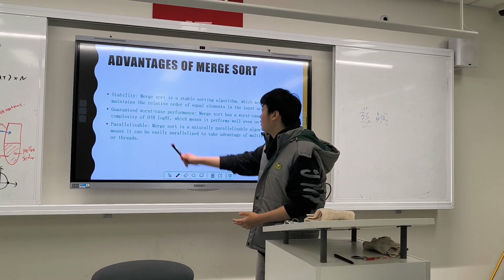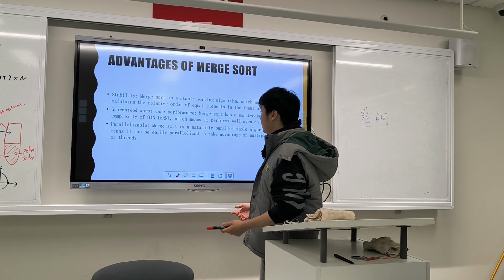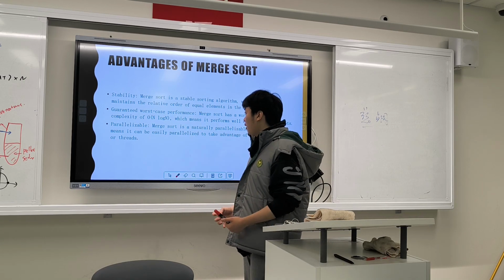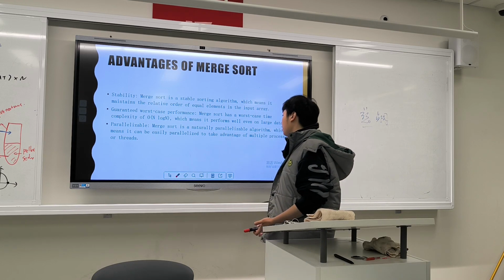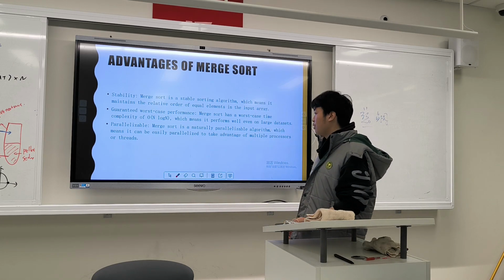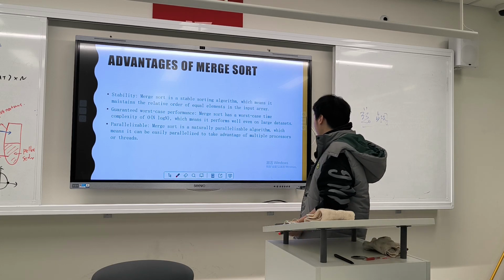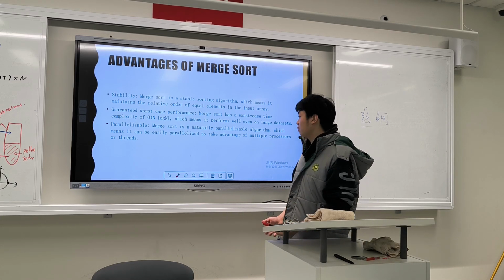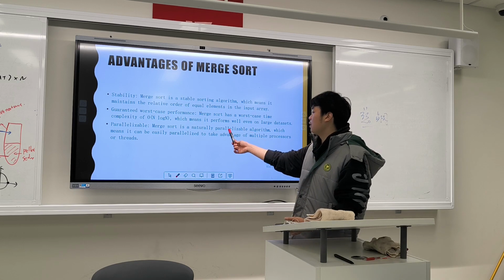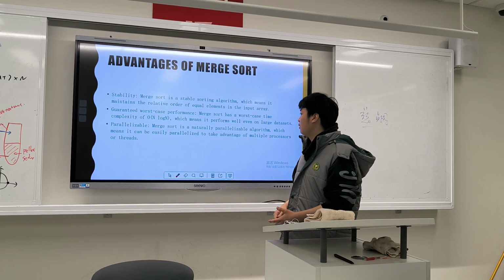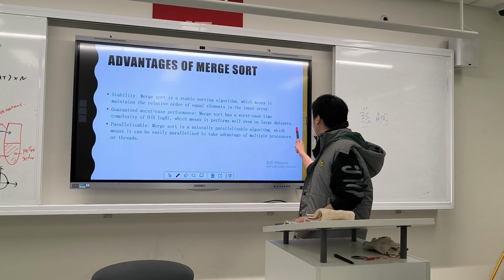So this is very rare. The third one is called parallelizable. Merge sort is a naturally parallelizable algorithm, which means it can be easily parallelized to take advantage of multiple processors or threads. This is basically because of the process of dividing and merging.